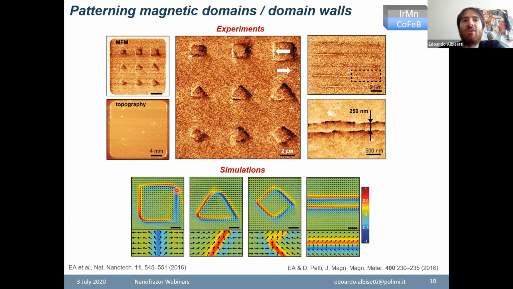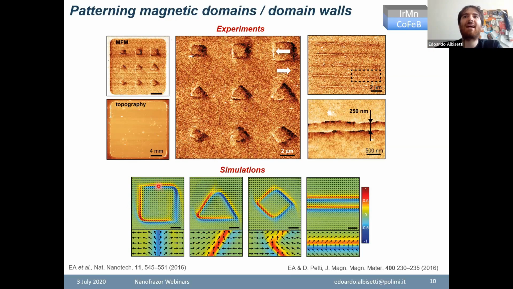And you see that depending on the position, you have completely different spin structures within the domain wall. In this region, you have what is called a tail-to-tail domain wall, because basically the two domains have the magnetizations pointing in this direction. This is the tail and this is the other tail, so they point in this direction. Here you have a head-to-head domain wall, so they point like this.